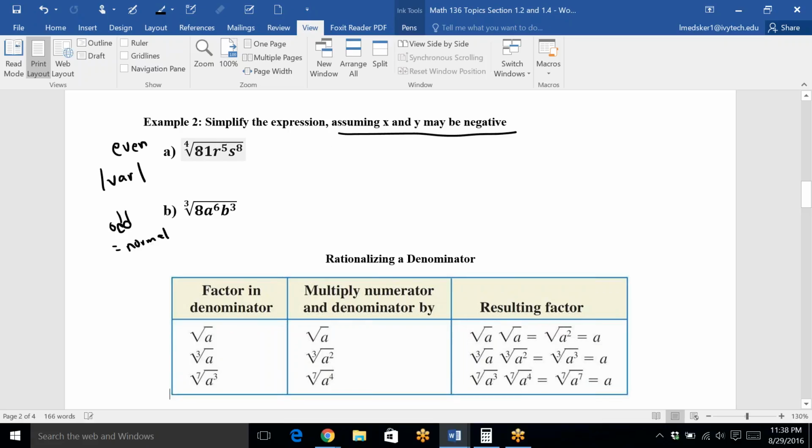So for this even root, first of all, we need to know what's a perfect fourth for 81. So think about your factors of 81. 1 and 81. 2 doesn't go. 3 goes in 27 times. 4 doesn't go in. 5 doesn't go in. 6 doesn't go in. 7 does not divide into 81, I don't believe.